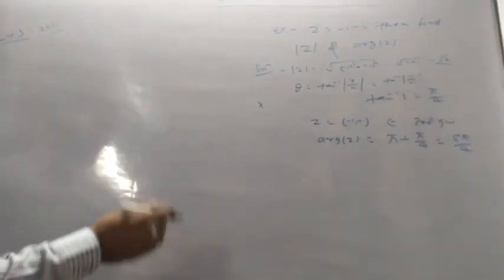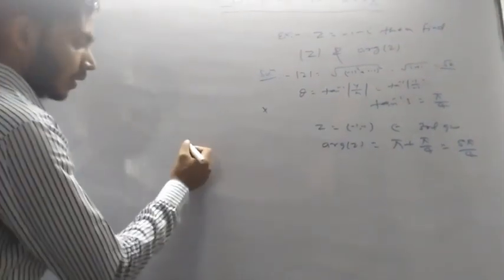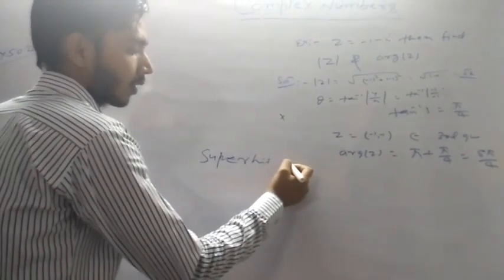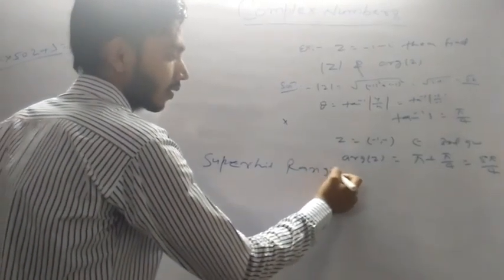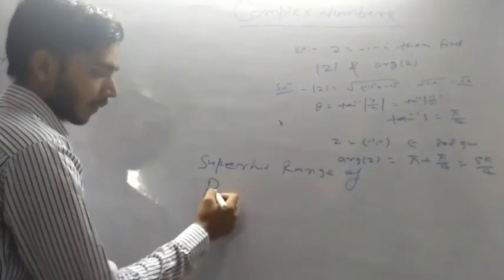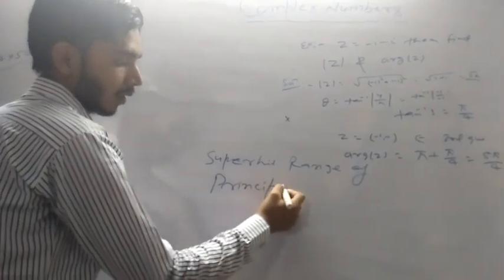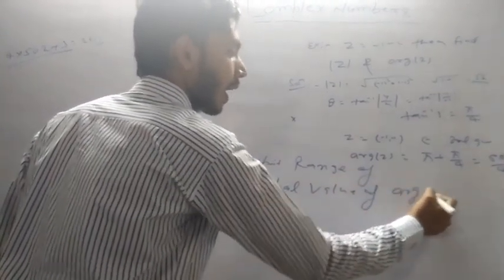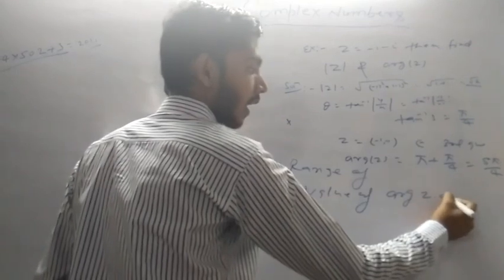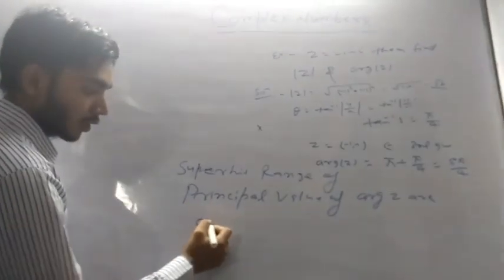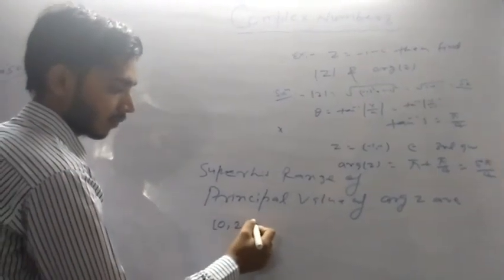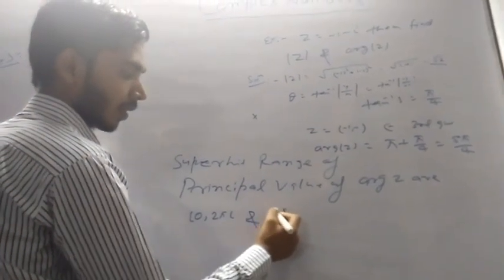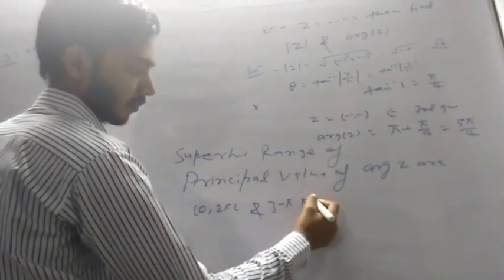The principal value is the range. The principal value of the argument of z is 0 to pi and minus pi to pi.